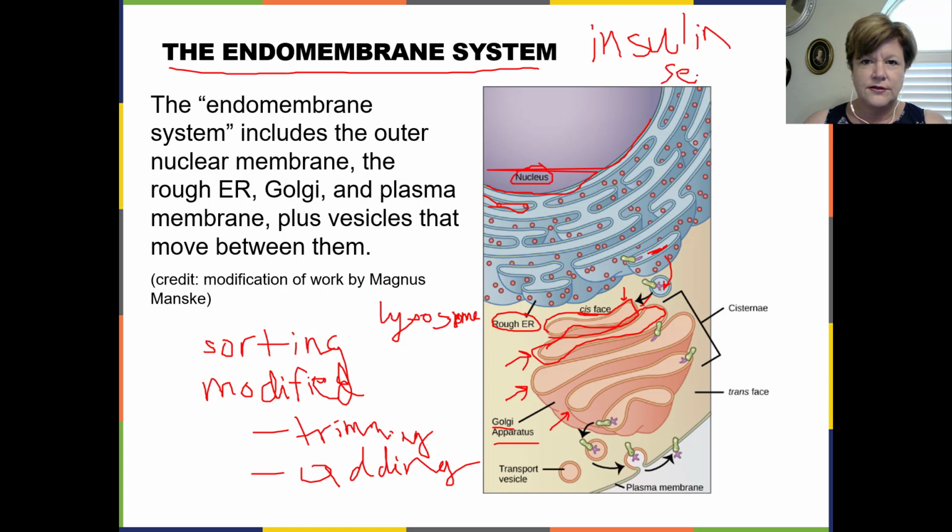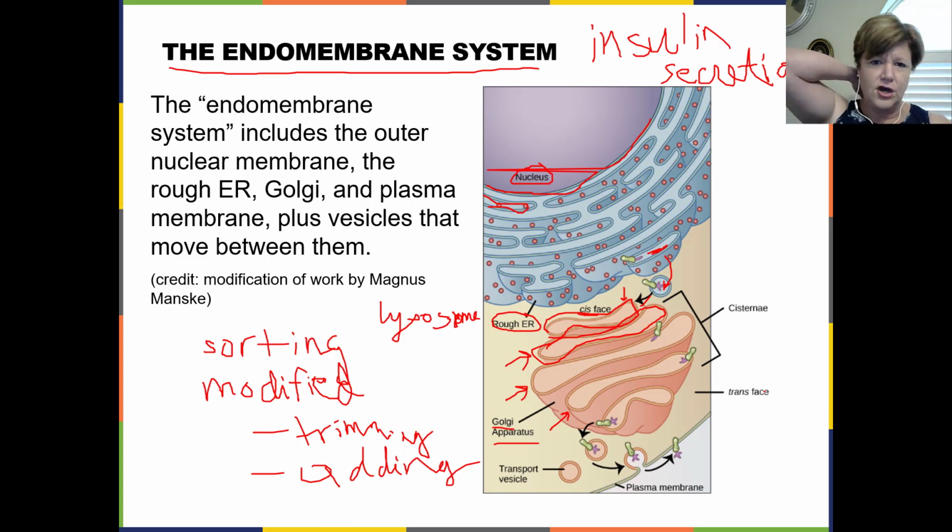You may remember from chapter 6, secretion means the release of something useful from a cell. And this little end part is called exocytosis, but specifically secretion.